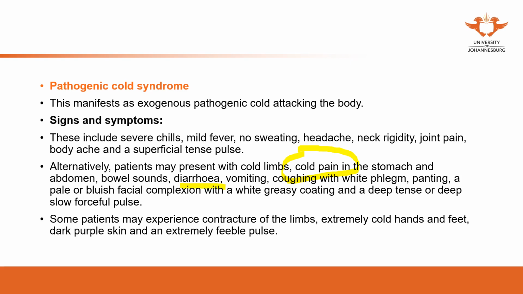Diarrhea is the coldness in the spleen. Vomiting is the coldness in the stomach. Coughing with white phlegm, so the color is very important. It will never be a yellow sticky phlegm. It is a white phlegm. Pale complexion.